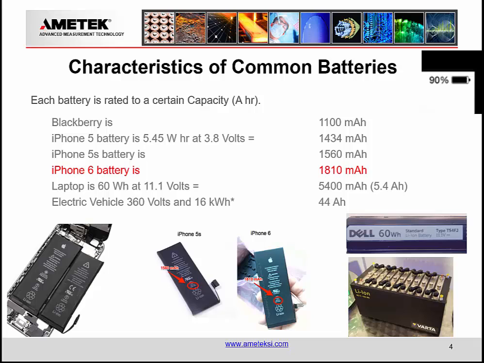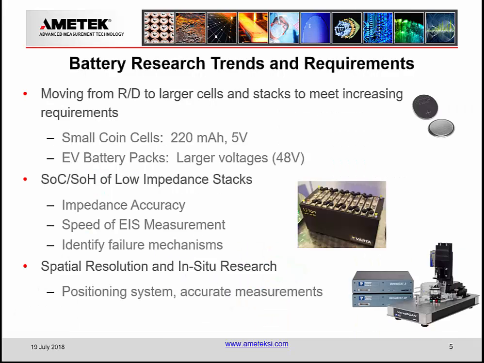And then we take the same kind of technology that's in this cell phone battery, and we can scale it up into a laptop at about 5.4 amp hours, and then it's the same kind of technology again as we're stacking it up to electric vehicles. But it's not surprising to us that there's a demand for higher and higher capacity batteries. So that shows us one of the research trends and requirements. So the first one I want to highlight here is moving from R&D to larger cells and stacks to meet increasing requirements.